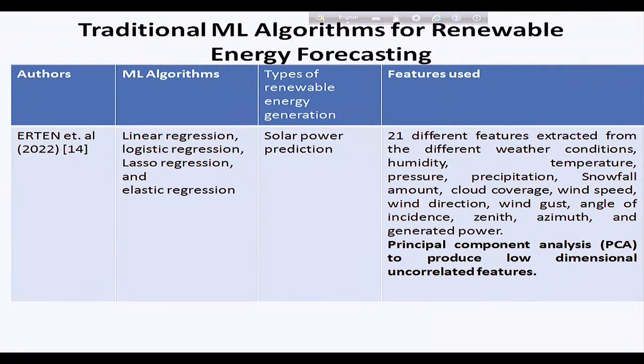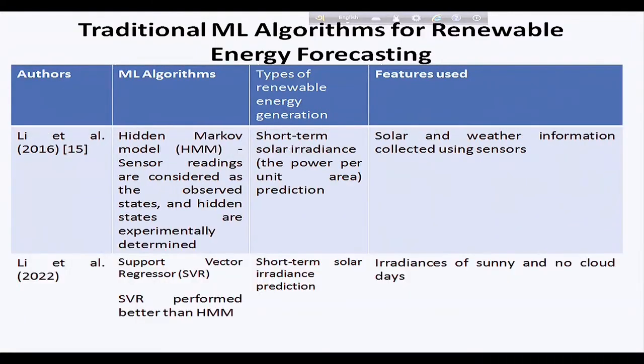So how do we identify which features are more significant and which are not? PCA can help us identify the more significant features from the given set, and finally it can produce some uncorrelated features, which are fewer than the original dimension of 21. So in this work, they applied this kind of features.